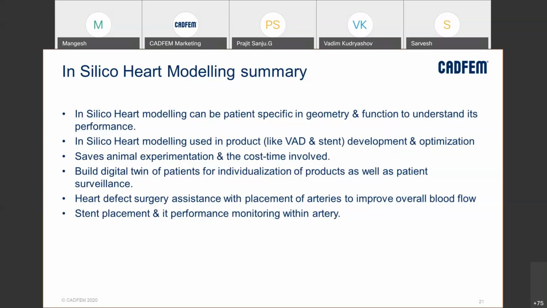This information is going to really help surgeons and cardiologists to very effectively take the right decisions. And I guess that's how simulation can be very effectively utilized.